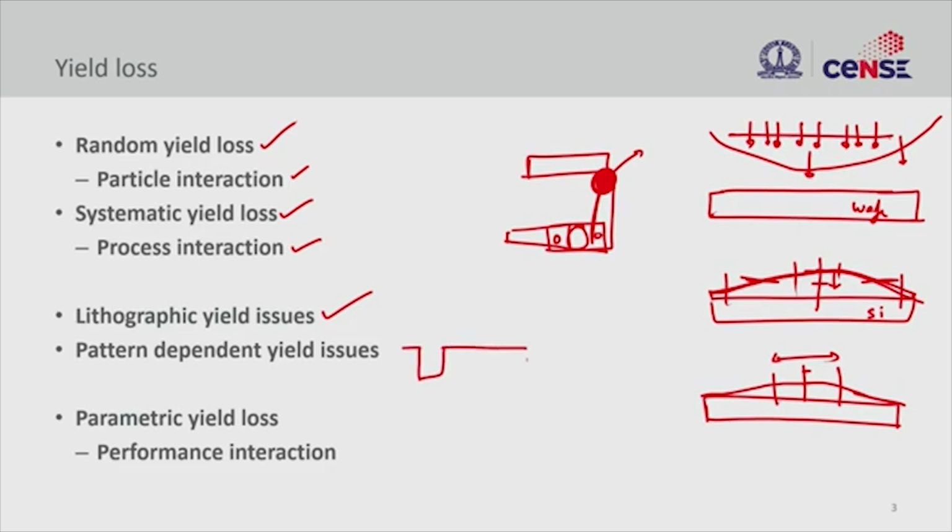So you have a structure like this, and you want to etch this feature. This is photoresist and this is silicon, and here you will have more radicals to come and etch, while here you are depleted of radicals because all of them are consumed.